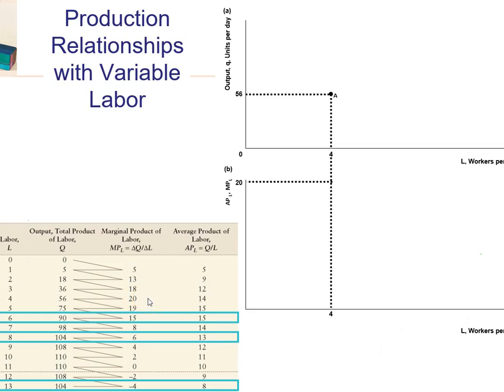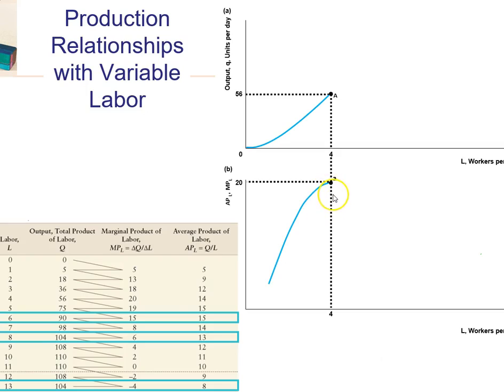So this is what the marginal product of labor looks like. It is increasing until we get to 4 workers with 20 as a marginal product of labor, and then after that it's declining. On the top graph, the total product of labor is increasing at an increasing rate. But this increase at an increasing rate ends at the inflection point here at point A, because the slope of our total product of labor is the marginal product of labor.